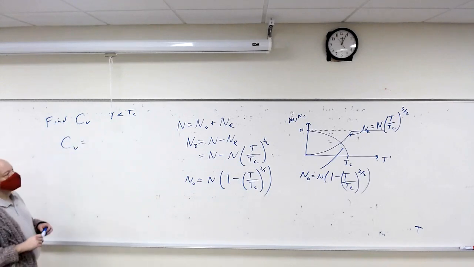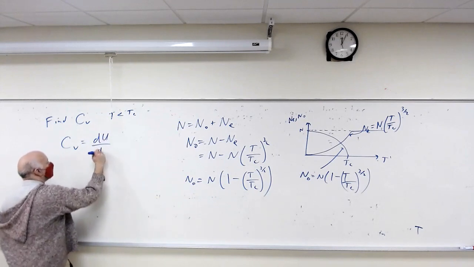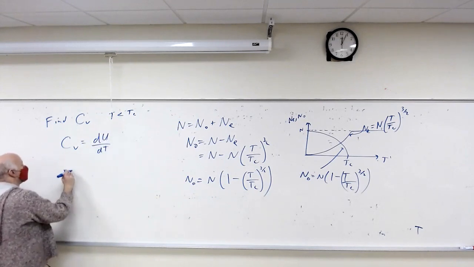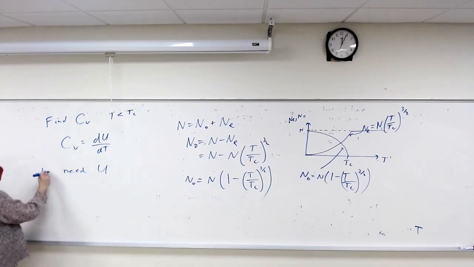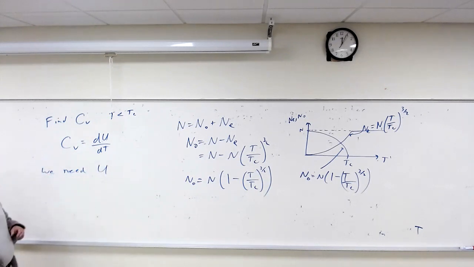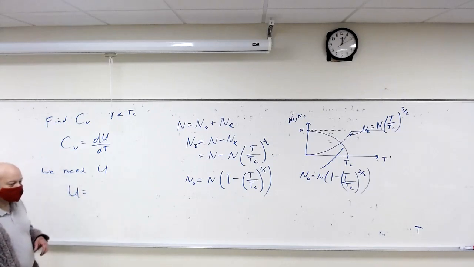C_V is partial U over partial T. That means we need U. Hey, you tell me how to find U. I'm right here.